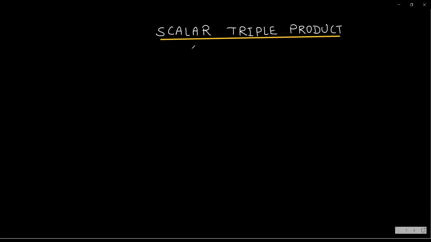Now, when I say scalar triple product, first of all, the word triple. Triple stands for 3. So we are going to have a product of 3 vectors. That is why it is known as triple product. Remember, the final outcome that I must have should be a scalar.